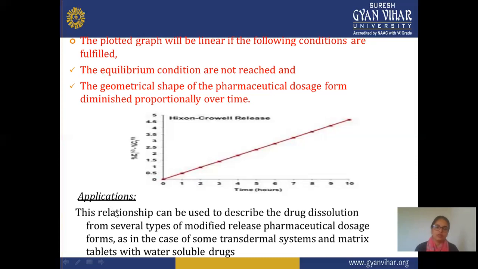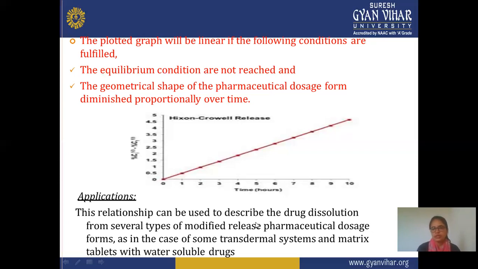Next is the application of this Hixson-Crowell model. This relationship can be used to describe the drug dissolution from several types of modified release pharmaceutical dosage forms. In this dissolution, you check for controlled release or modified release type tablets.